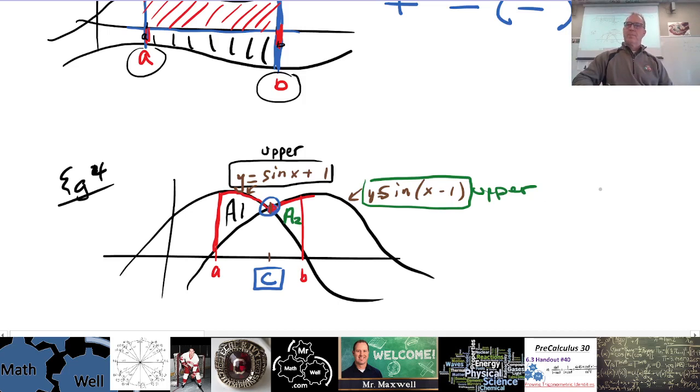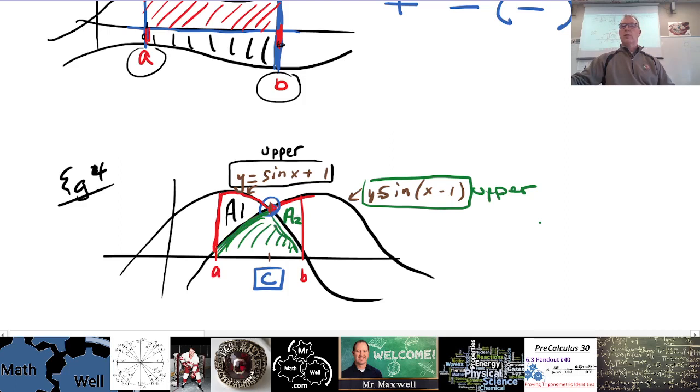How do you know that it's not that triangle there that you're finding? Well, okay, so this question, I didn't write out the question for you, but this question would be, what's the area contained between the two graphs from A to B? So this area down here is only underneath this function and then underneath this function.